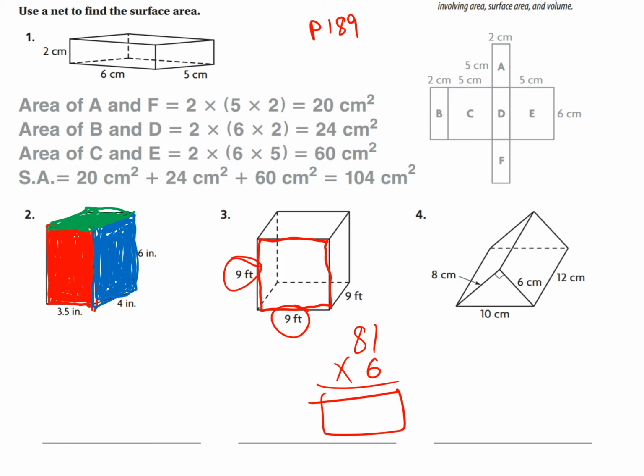Okay, number 4. For this one, we have 5 sides. We have this triangle here. And that's going to have the exact same measurements as this triangle back here. So think of this as front and back.